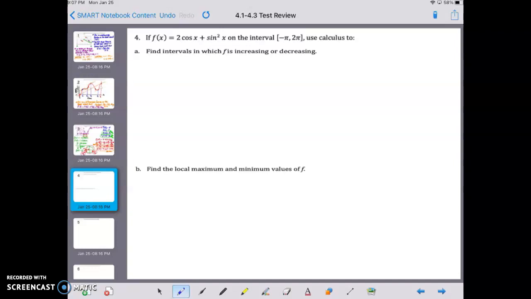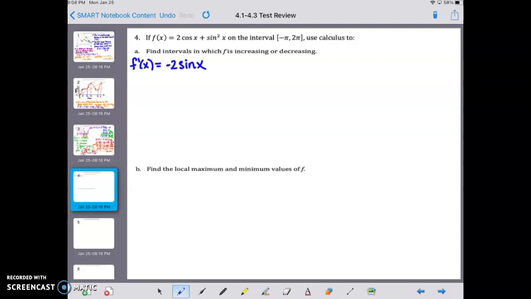So obviously our first job here is going to be to find the first derivative of our function. So f prime of x is going to be equal to, the derivative of cosine is negative sine. So negative times the 2 will give us a negative 2 sine x for the derivative of our first term.